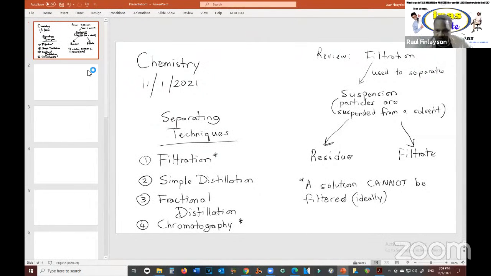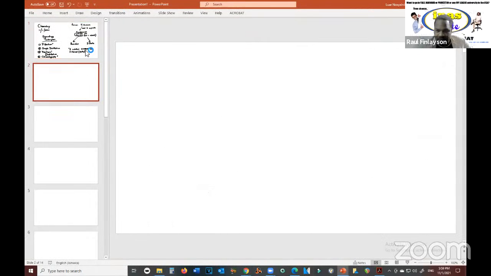So let's move on here. That's filtration from last class. Remember, I should also point out a couple of things about distillation. Did I show you a demonstration of distillation last class? Yes, sir.